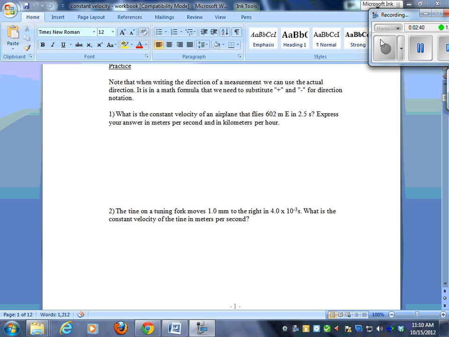So I'm going to write V bar equals d over t. And then I'm going to write 602 divided by 2.5, and then I'm going to write the answer. All those parts are important. Remember your calculator time? I probably have the answer somewhere, actually. How about I just do that? I'll just go find my answer.